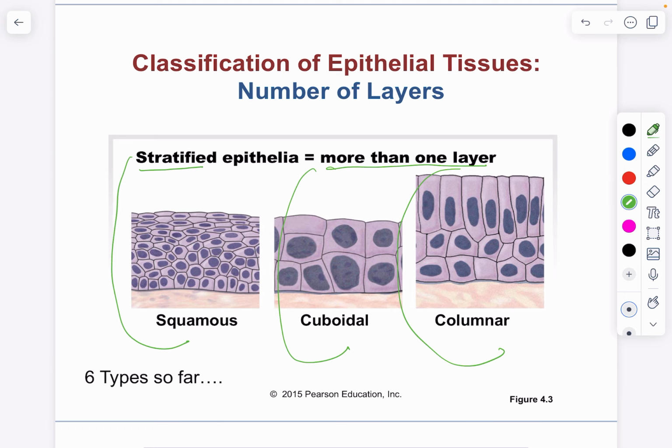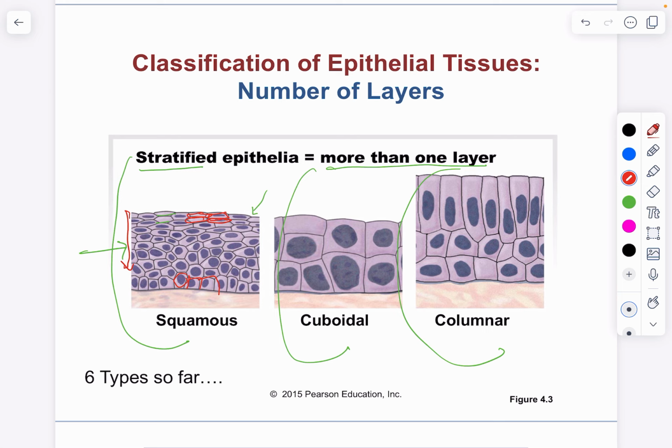But let's look at this one first, okay? You can see at the very top, there are squamous looking cells, right? I'm going to change my marker here so you can see this. There are these flat cells right here. But as you move down, the cells look a little bit more cuboidal.